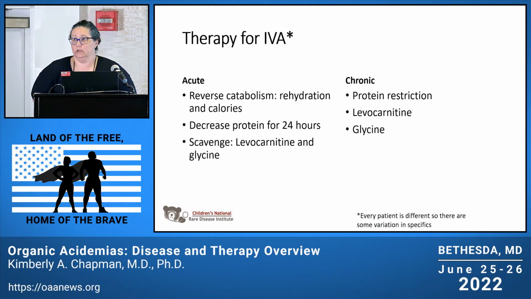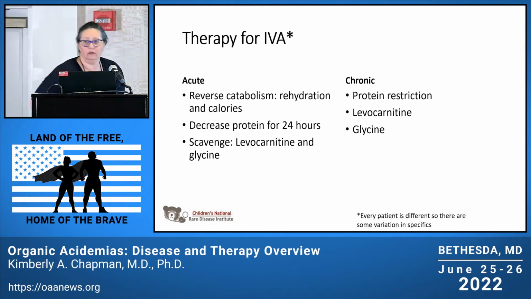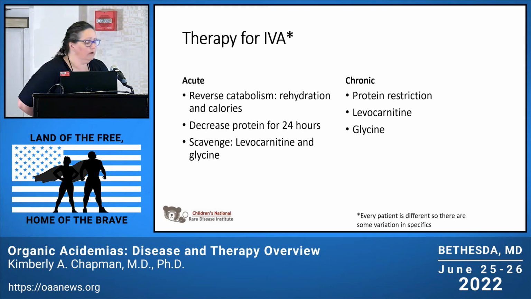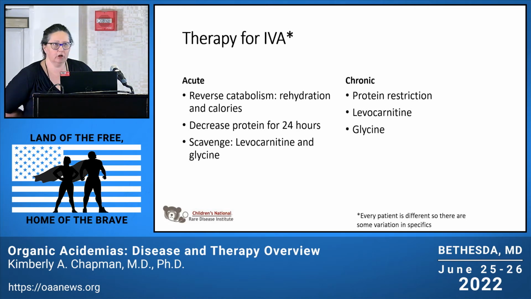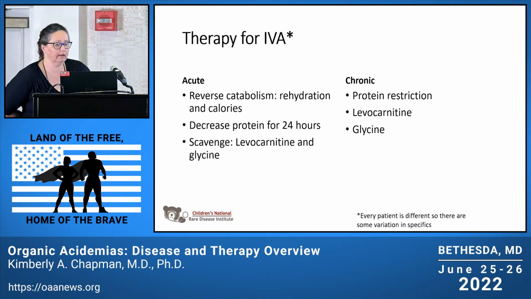We also know most pediatricians can do that math. Decrease protein for 24 hours. Well, if you're vomiting for 24 hours, you've done it yourself, but otherwise we can decrease it. And then what are we going to scavenge with? So here we're using levocarnitine as the scavenger, but we're also using this amino acid called glycine, because glycine can help you pee out the isovaleric acid.